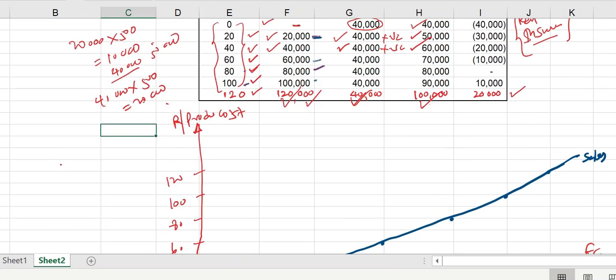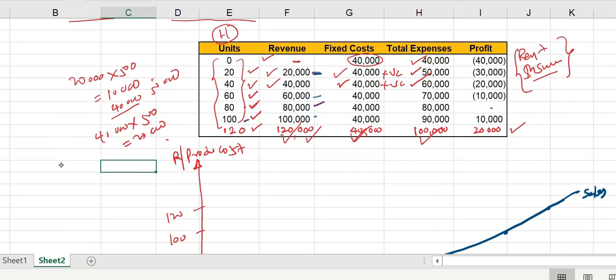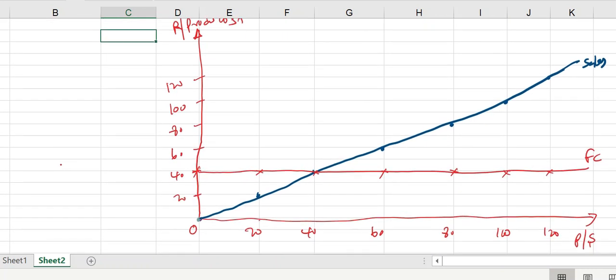Then the total cost. This is the total cost. The total cost includes fixed cost plus the variable cost. So the variable cost we calculated and we have added on this total cost. So when you produce 0, the total cost will be 40. 0 unit 40.